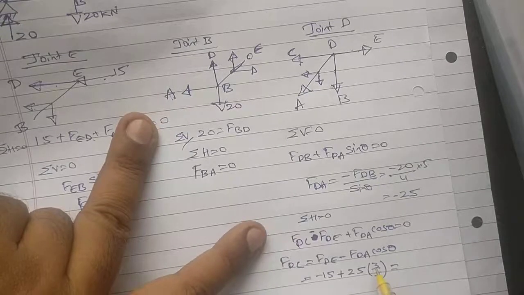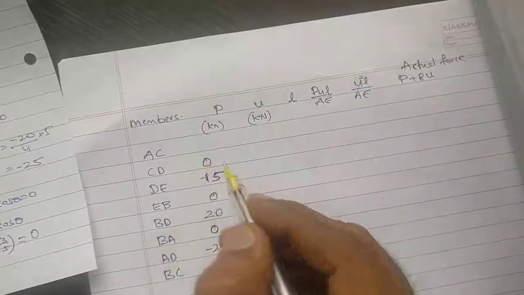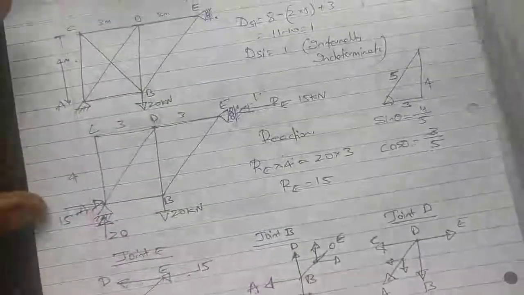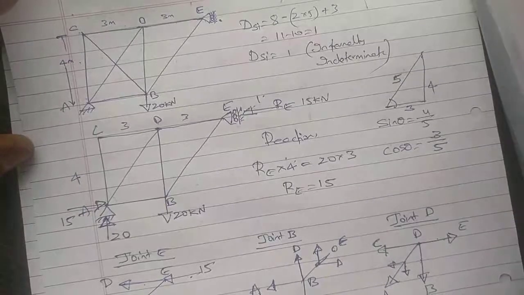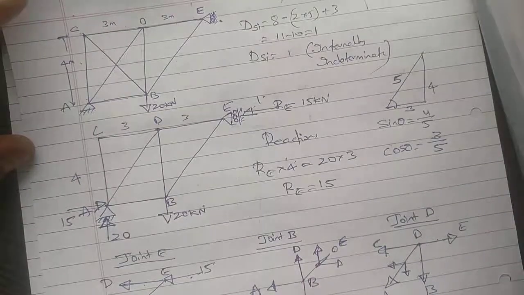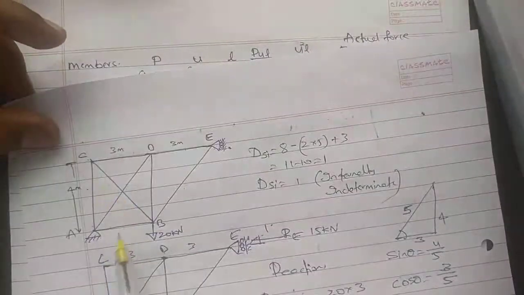So FDC will become 0. AC and BC are remaining. We know we have removed this one, so here BC will become 0.